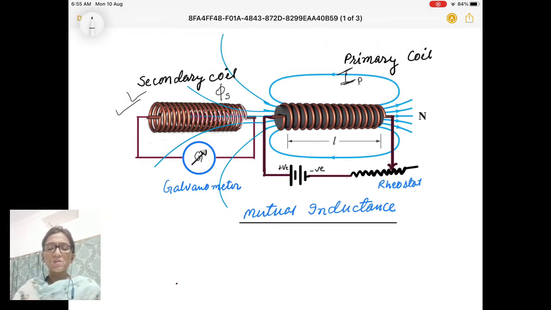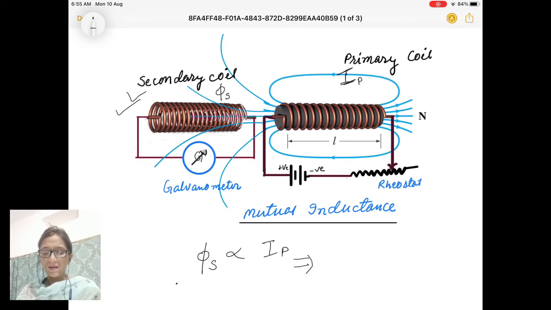Due to the change of this flux through the secondary coil, electricity will be produced in the secondary coil, and an EMF will be induced in it. So the flux linked with the secondary coil, phi S, is produced due to the current in the primary coil, so it should be proportional to the current of the primary coil.